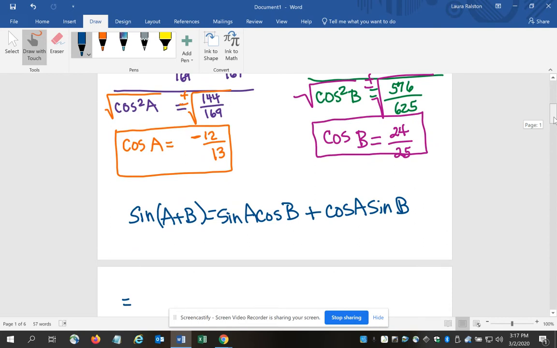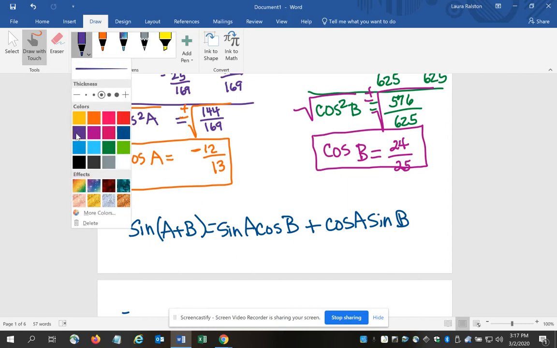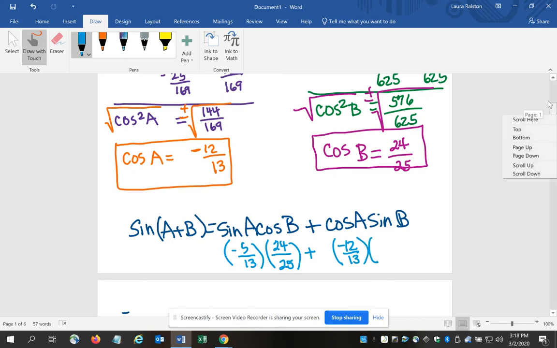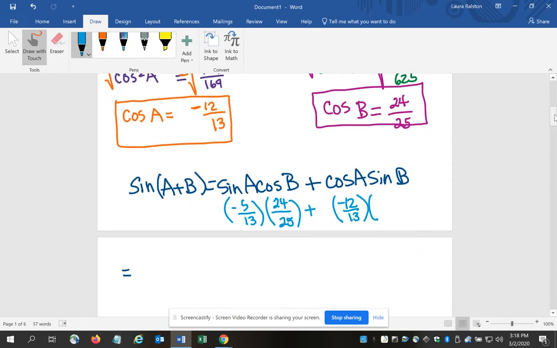For sine A, we were given negative 5/13. Cosine B, we calculated to be 24 over 25, plus cosine A, we calculated to be negative 12/13. And sine B, if I scroll back up and look, was given as negative 7/25.